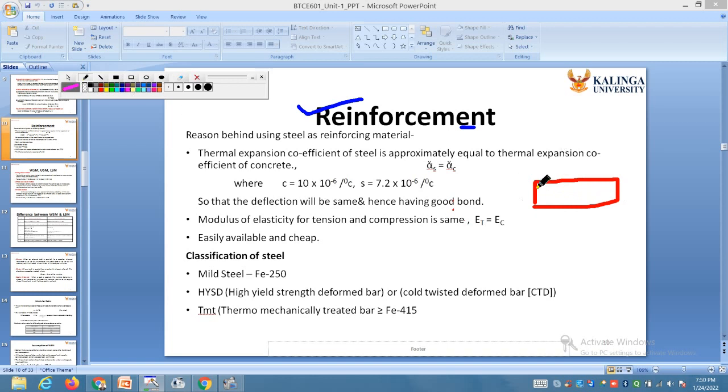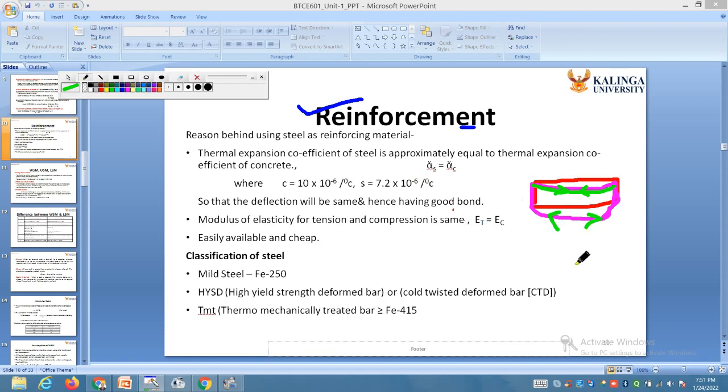Because of the load, the beam will behave like this, meaning deflection will take place. If you see this deflected shape, you will notice that at the top face compressive forces are developed, and at the bottom face tensile stresses are developed.